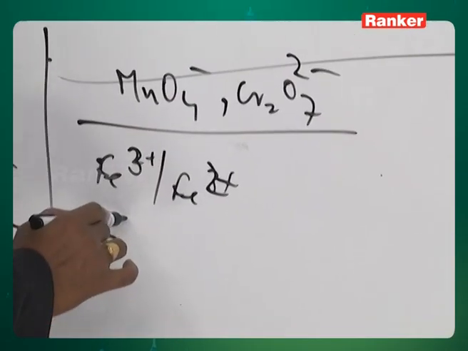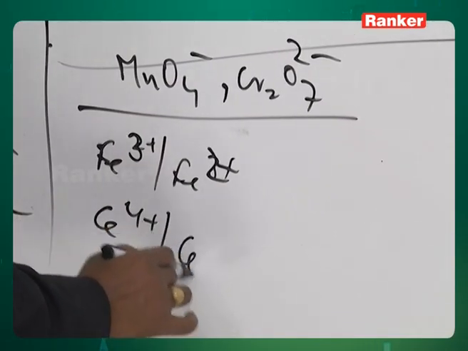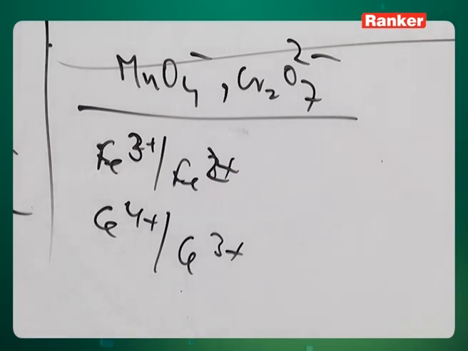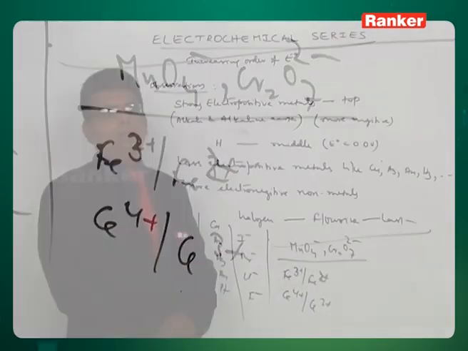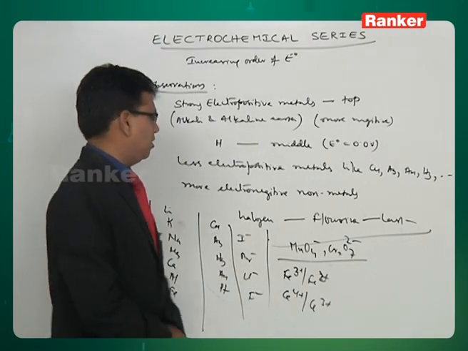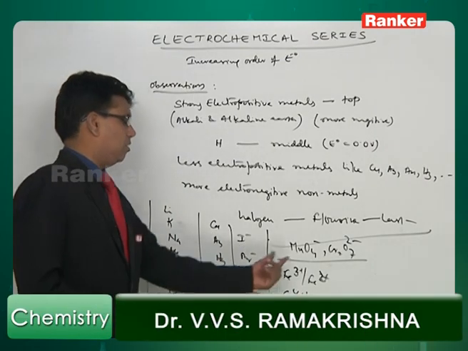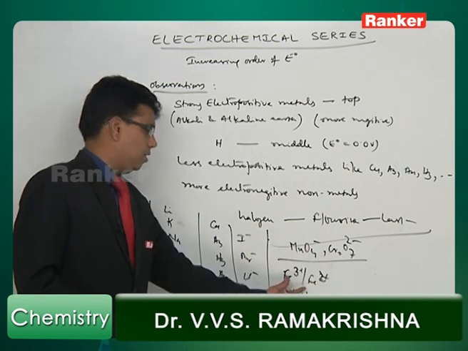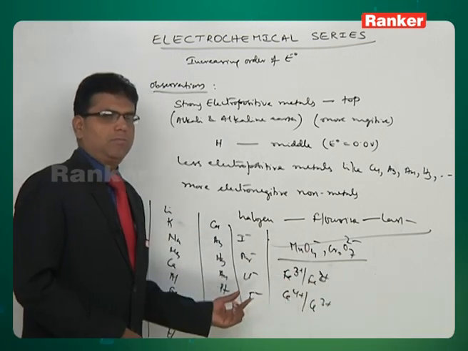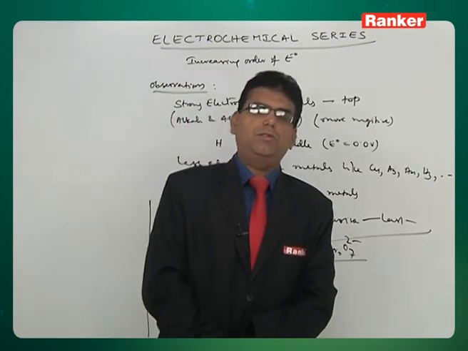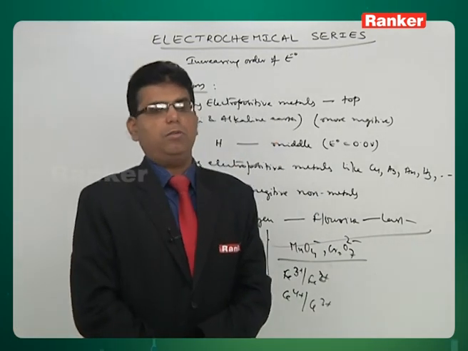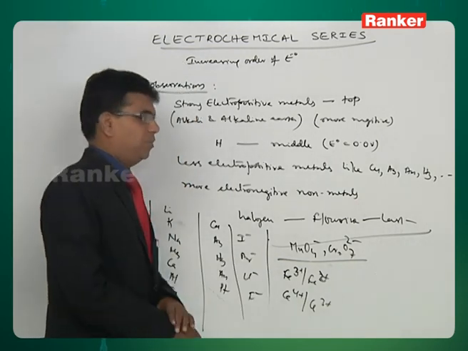Even cerium 3, cerium 4 ions, non-metals, molecular ions, everything will be in the table. So, this table, which arranges the elements, molecular ions or elemental ions in increasing order of their standard reduction potential values, is called the electrochemical series, and these are the observations.